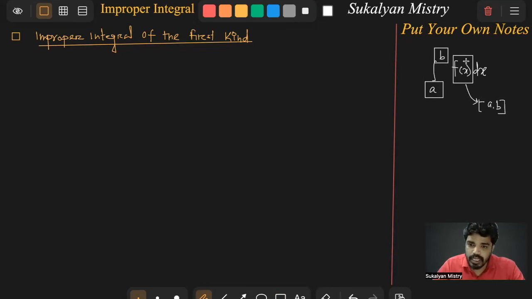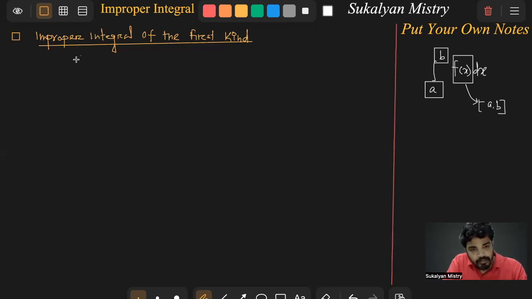So if the function f(x) is bounded, and the upper limit or lower limit are infinite or both are infinite, and the function f(x) is bounded, then it is said to be improper integral of first kind. Okay, so write down the definition.